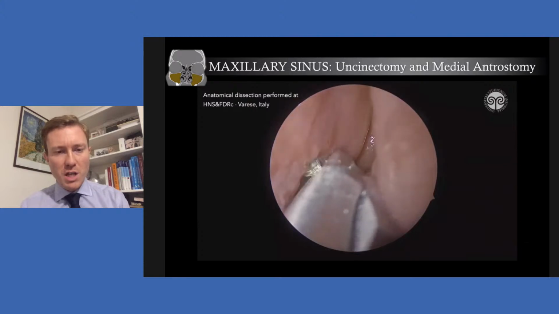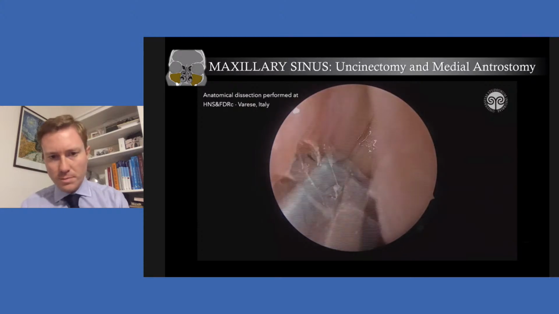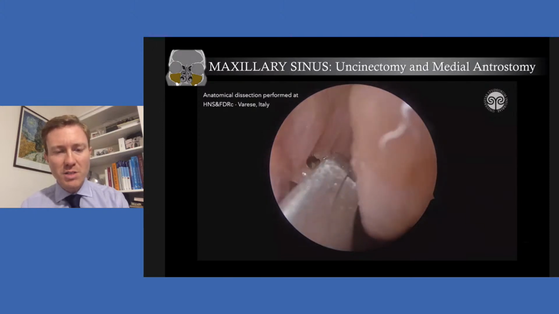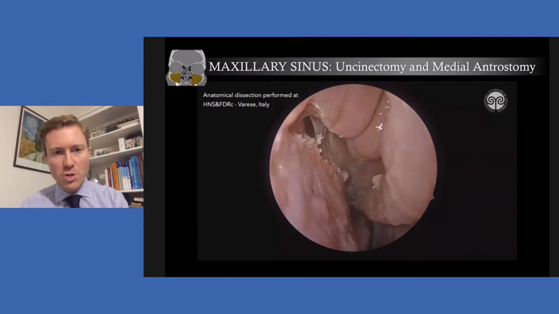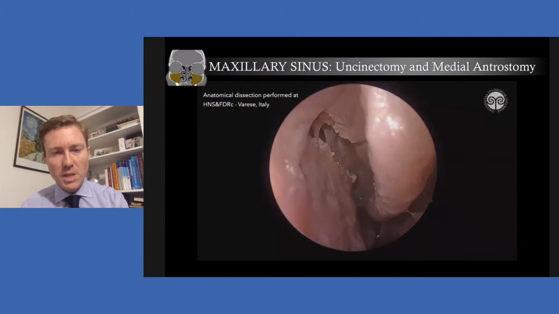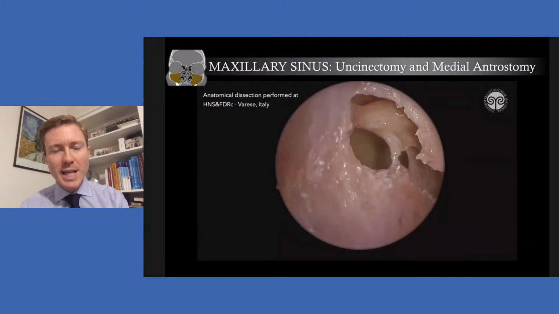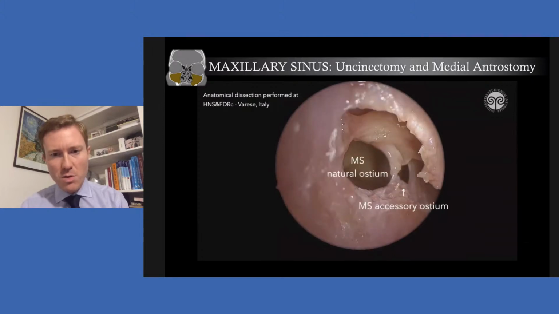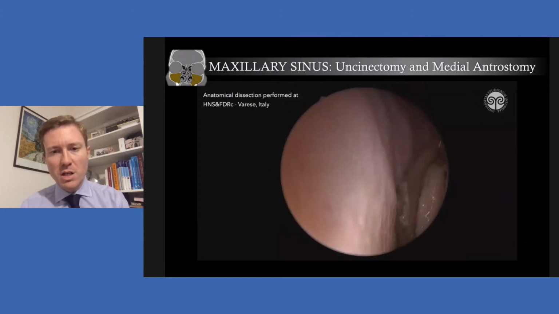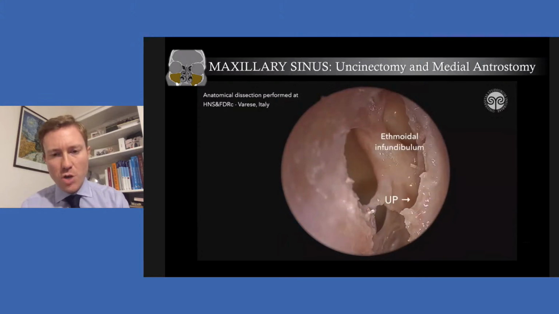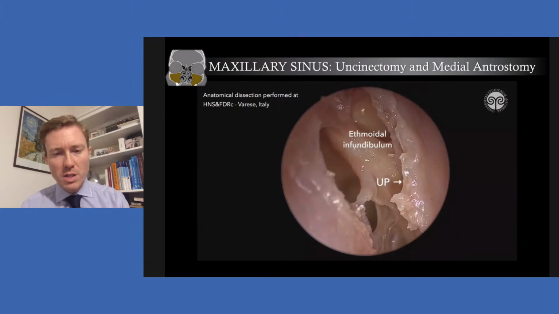We can resect just a little more the uncinate process until the anterior insertion of the uncinate process. And you can see two different ostia. The natural ostium of the maxillary sinus is oriented in an oblique plane, while the accessory ostium is usually vertical.